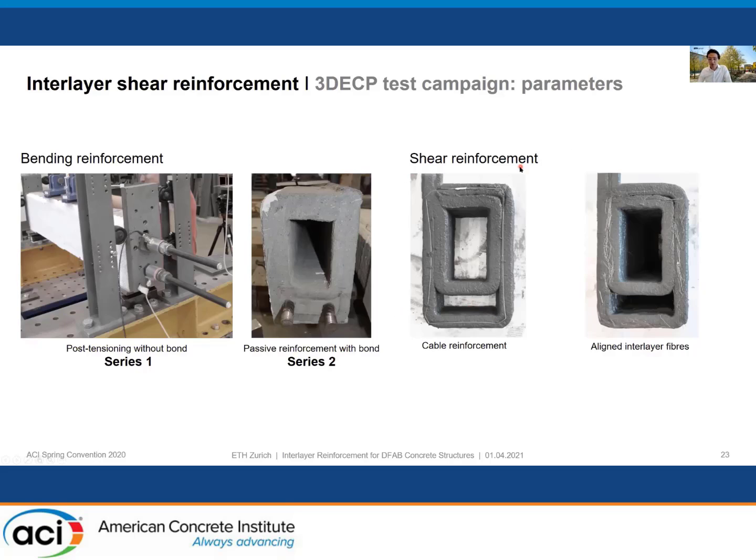And for the shear reinforcement, we wanted to compare: what about having this thin cable with high strength, around 2000 megapascals, against the performance when we have these aligned fibers?